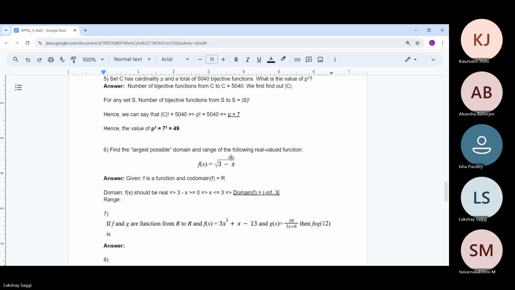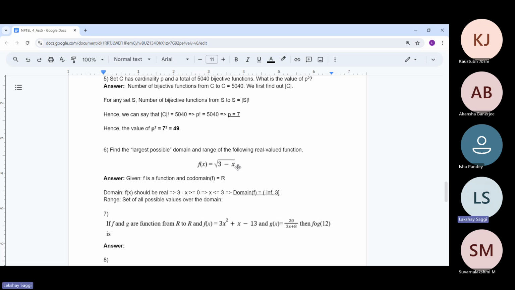So, the set of all possible values over the domain, right? What I'm trying to say is that any positive real number will lie in the range, because for any positive real number, let's say y, y will be equal to square root of 3 minus x, and from that we obtain that x will be equal to 3 minus y square.